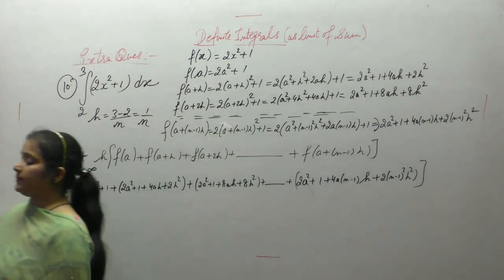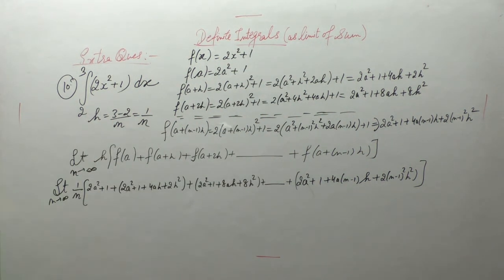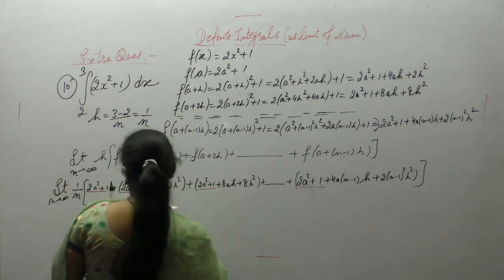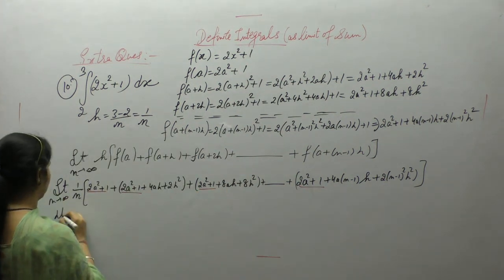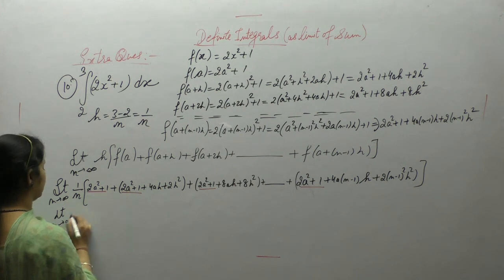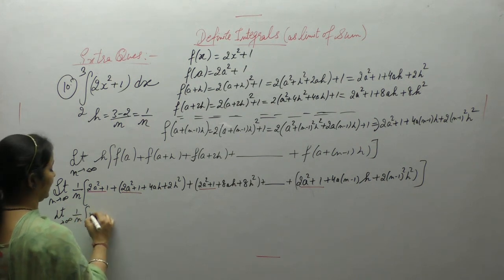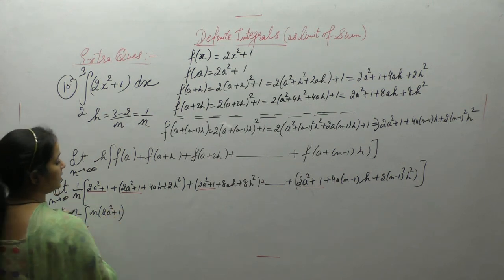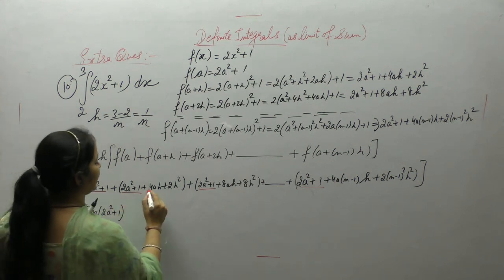Now 2a square plus 1 is common in all the terms. So 2a square plus 1 will come n times. Limit n tends to infinity, 1 upon n times 2a square plus 1. Now take 4ah common.